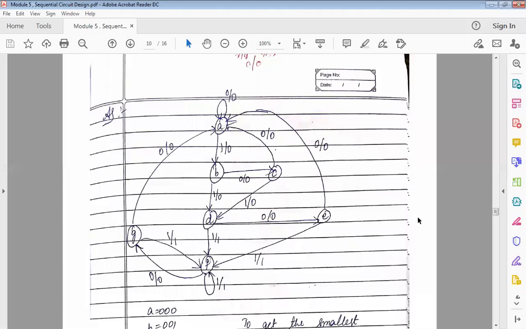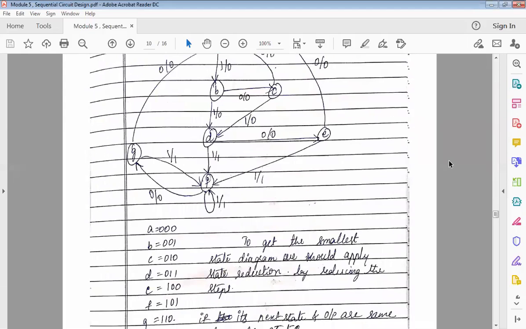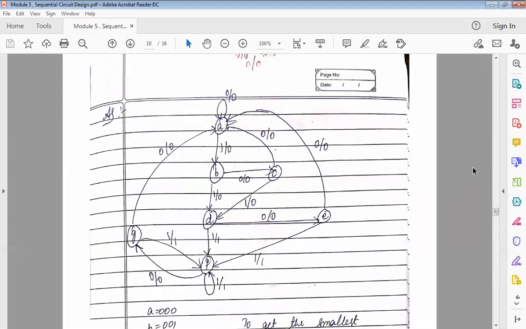Ultimately, what I'm trying to say here is, you should introspect yourself and check if the diagram that I have put up here is matching with the one that you have done. That's the way you learn. If you do not take things seriously, then it becomes difficult for you to understand the concept.